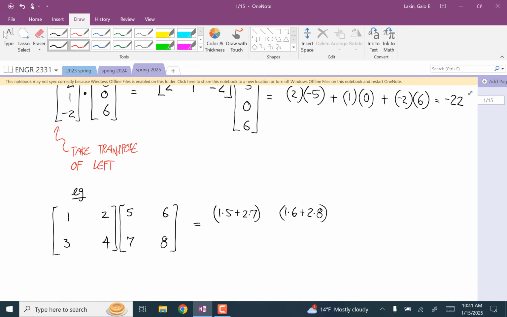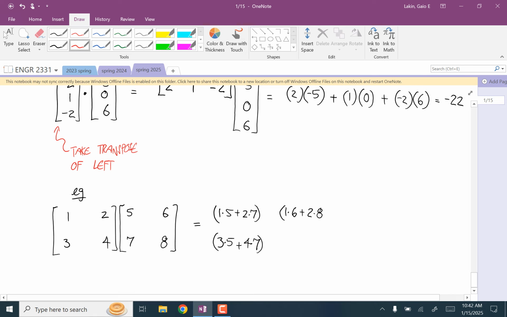And now I'm going to do the second row of the left with the first column of the right. And that's going to give us our 2, 1 element. And so this is 3 times 5 plus 4 times 7.